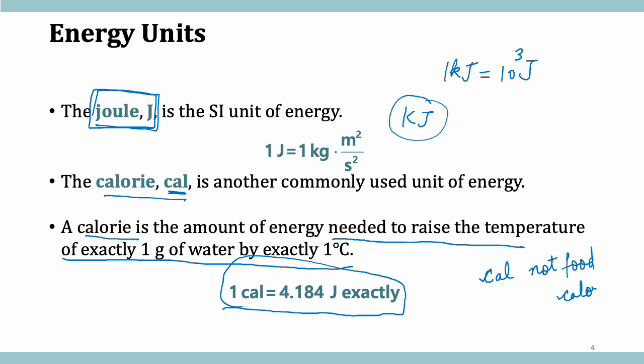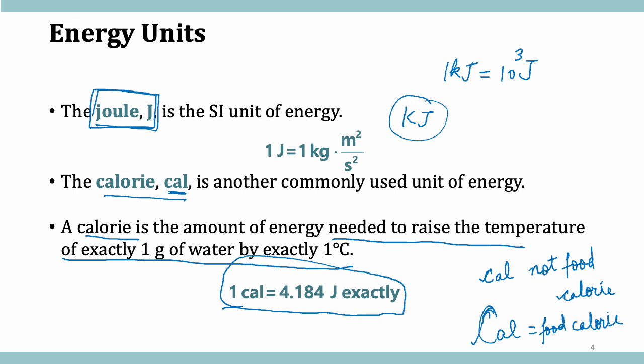Okay, when we talk about how many calories are present in a food item, nutritional calories, that is not this small calorie, that is given by capital Calorie. Okay, so that C is written in cap, so uppercase. That is called food or nutrition calories.